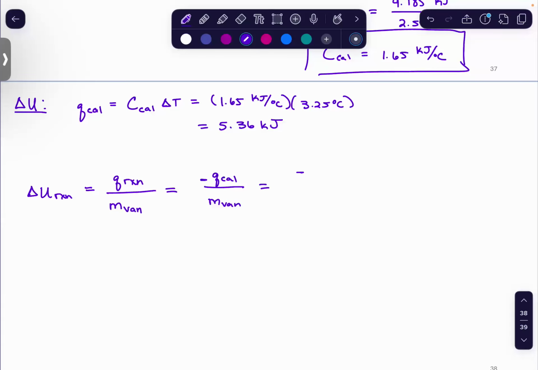So this is going to be a negative 5.36 kilojoules divided by the 0.2130 grams of our vanillin.